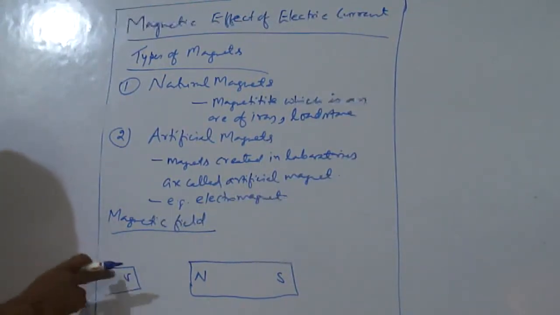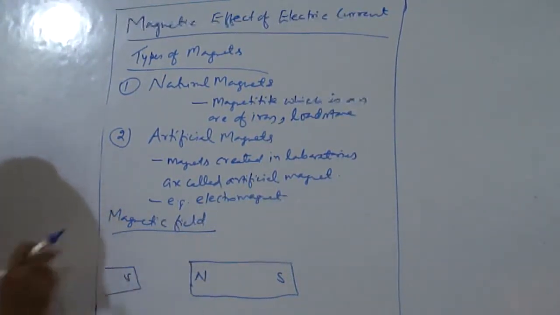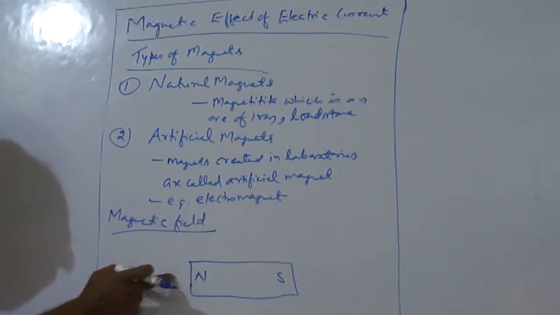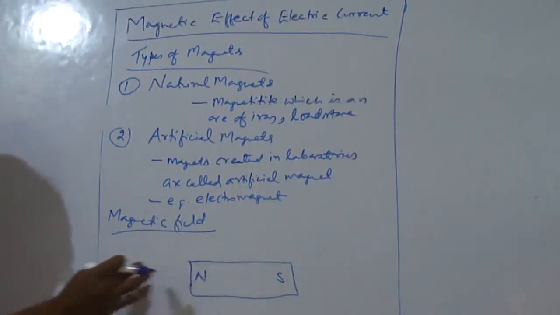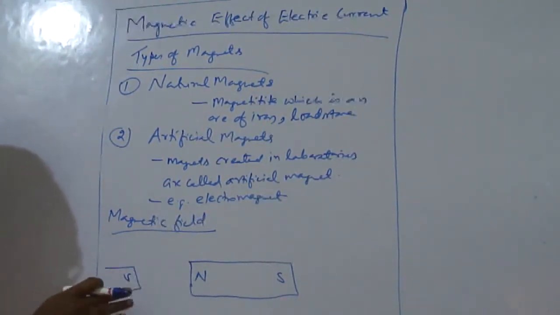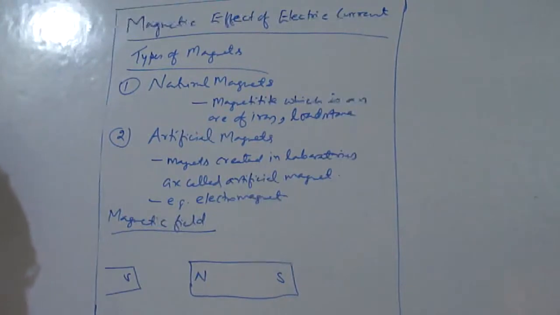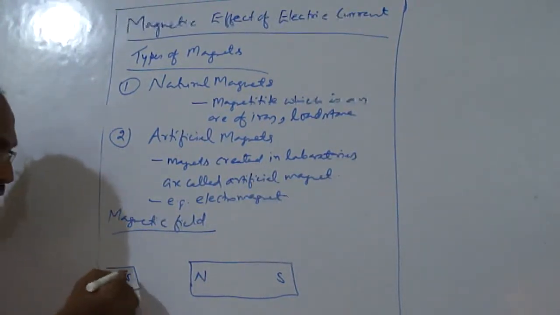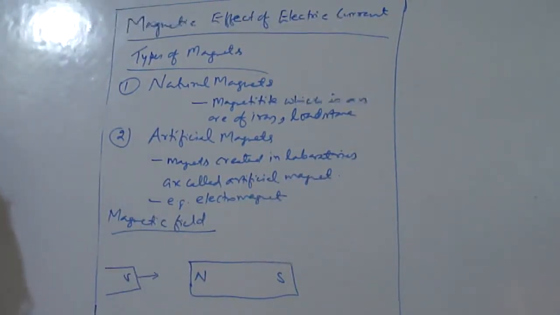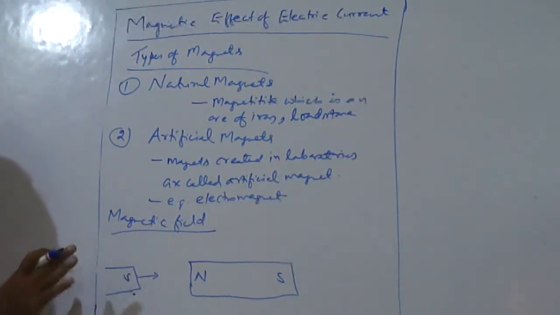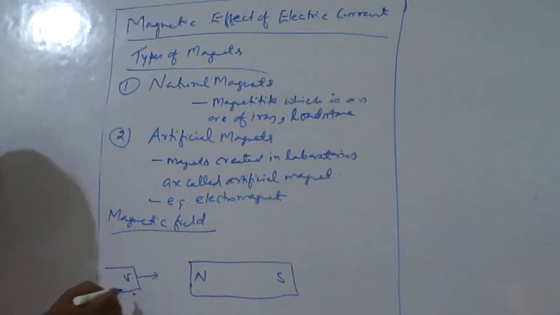When it comes to a certain distance, within the region of this magnet, it will experience a force. If it is a south pole, it will experience a force towards the north pole. Before that, at those points, it did not experience any force, but when it has come to this particular point, it has experienced a force.